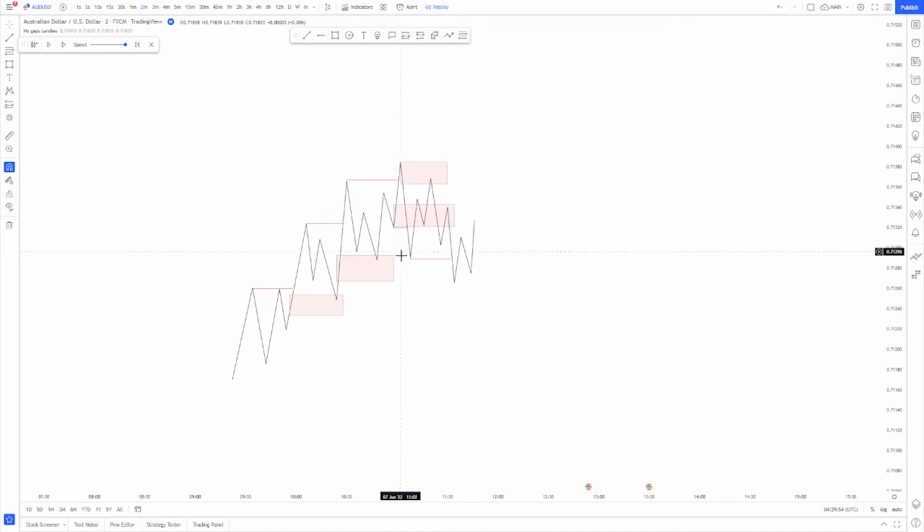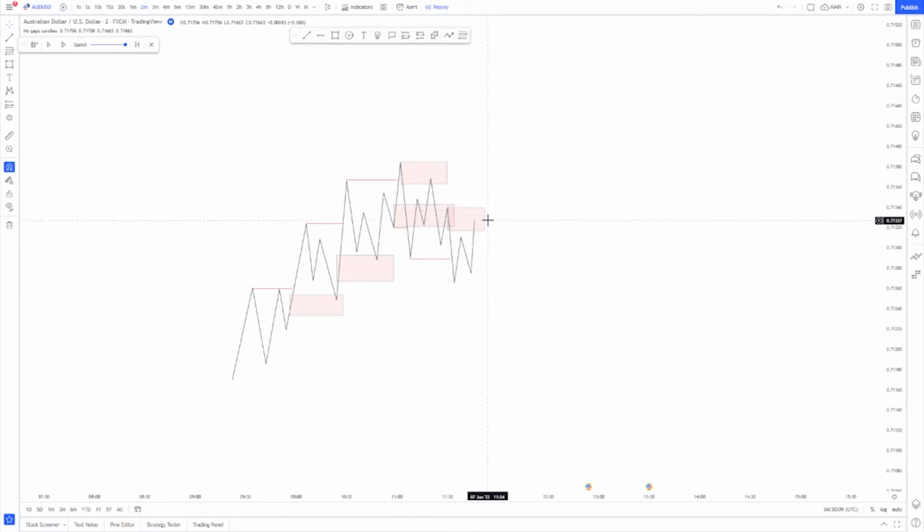So let's say price gives us this and mitigates. We'll be looking forward to the second breaker structure because that's how we place our entry. So the second breaker structure will be pretty much the criteria for choosing an entry.